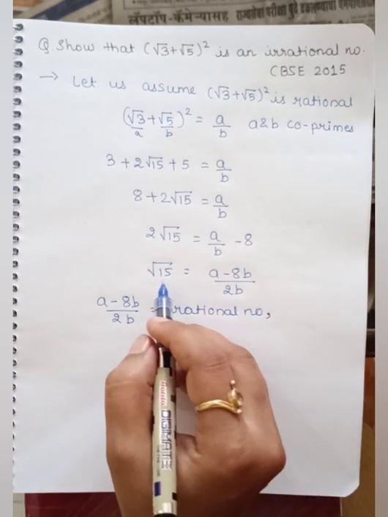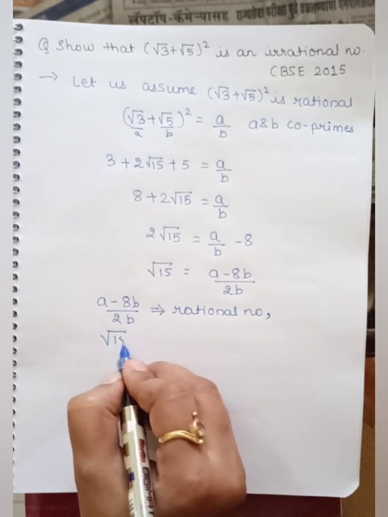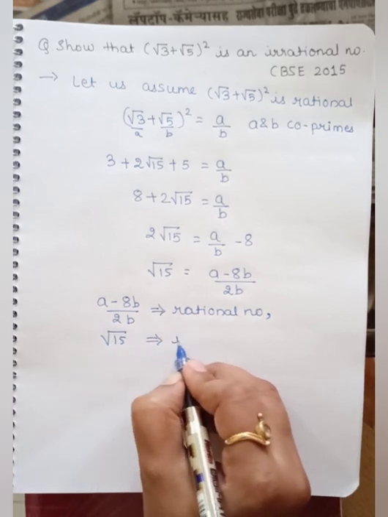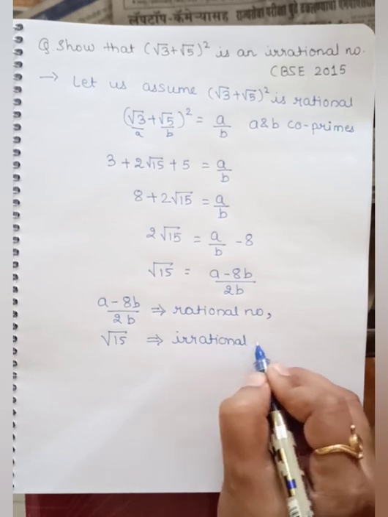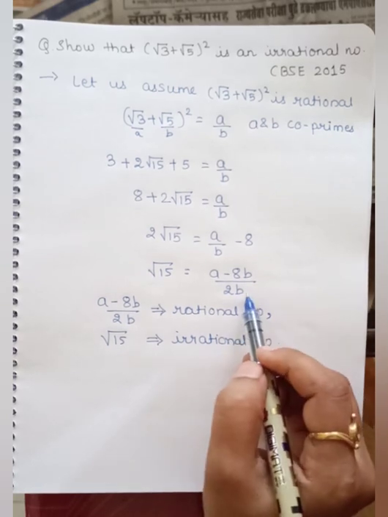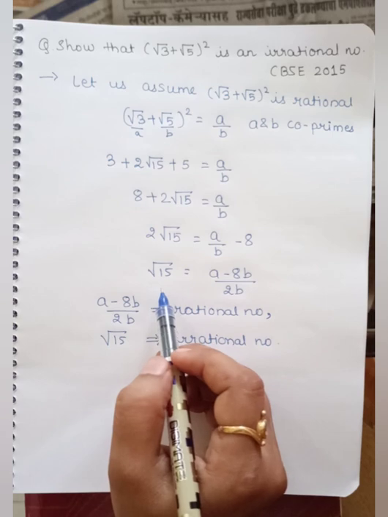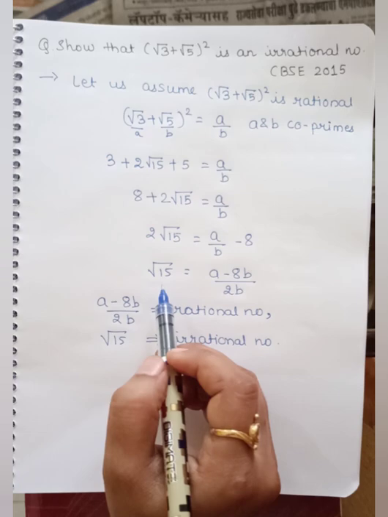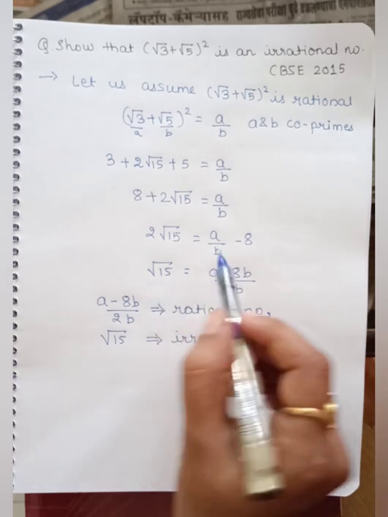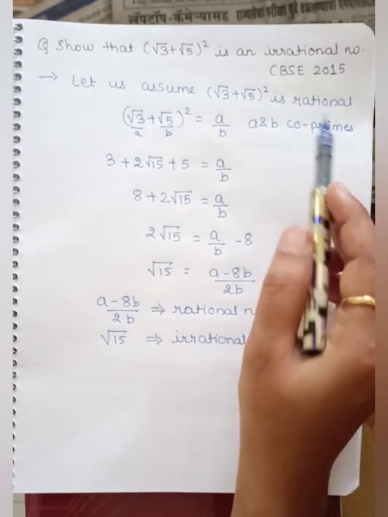But as I know, the value of under root 15 is an irrational number. So my RHS is rational whereas my LHS is irrational, and this is not possible. Why is this happening? Because it is contradicting the fact. And why is it contradicting the fact? Because our assumption is wrong.